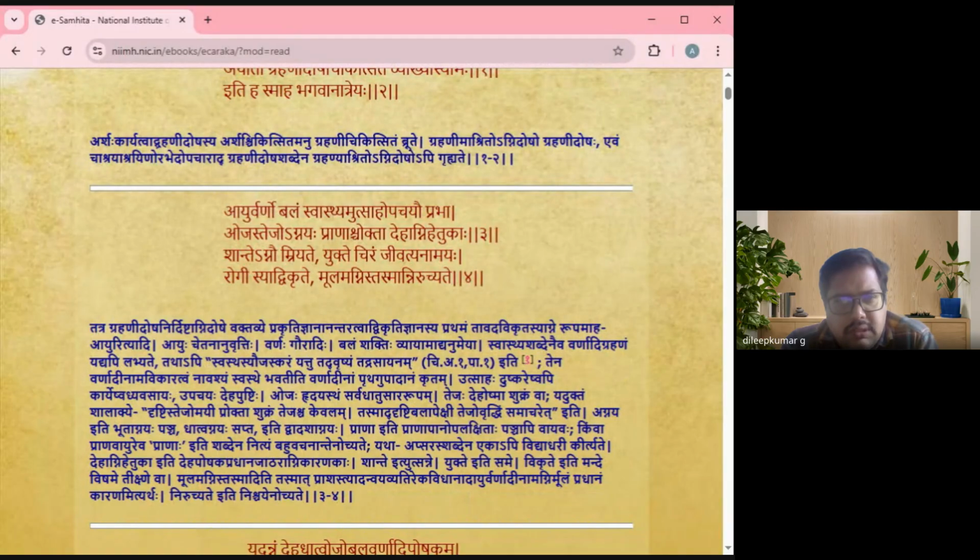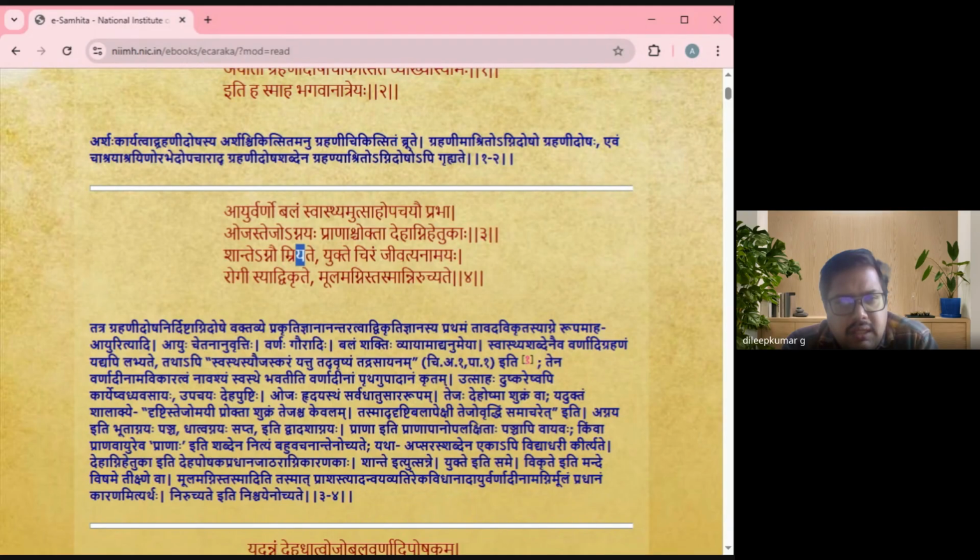So all these things, Ayu, Varna, Bala, Swastya, Utsaha, Upachaya, Prabha, Oja, Teja, all these are related to Dehagni Hetuka. If Dehagni is good, all these are good. If Dehagni is Shanta, then means Agni Nasha is there, Mriyate, there is a death.